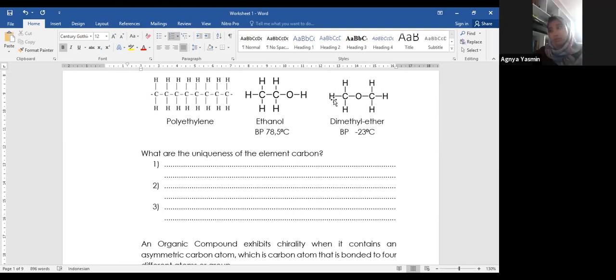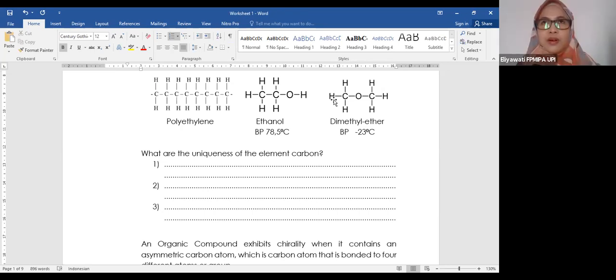Carbon can bond with 4 elements or groups. That means we can say that carbon has a valence of electron 4. So that's why carbon can bond with 4 kinds of element or group, any kind of group or elements. But it's only 4.